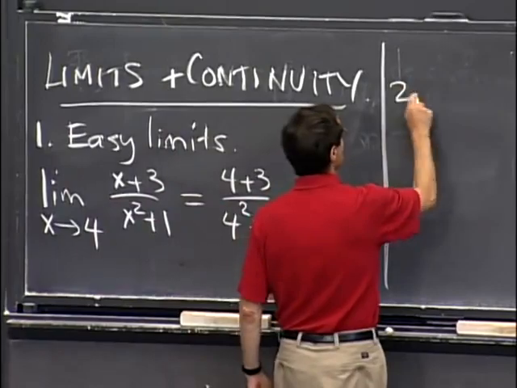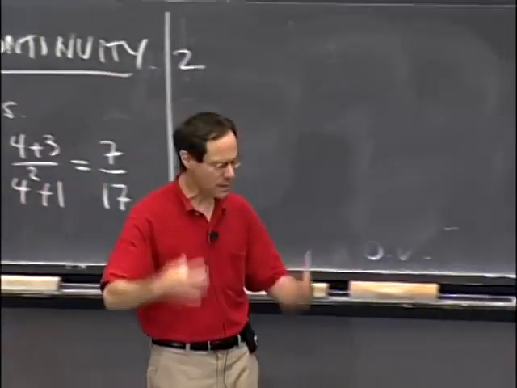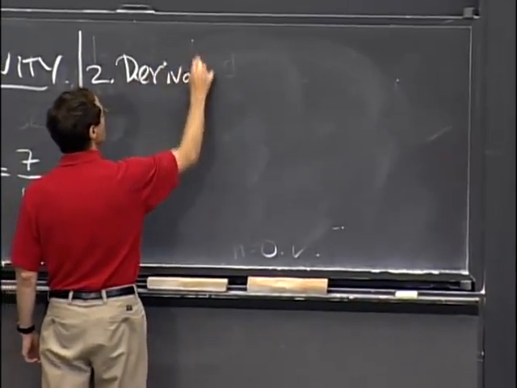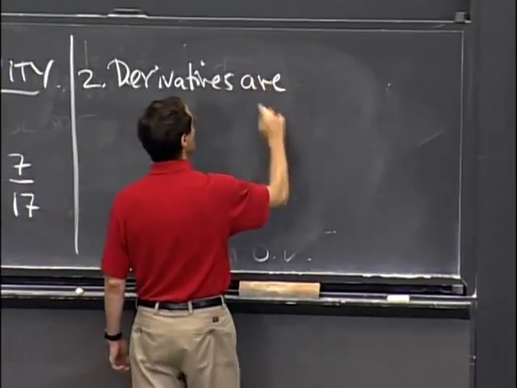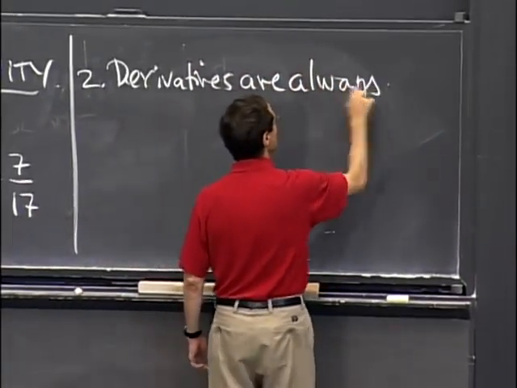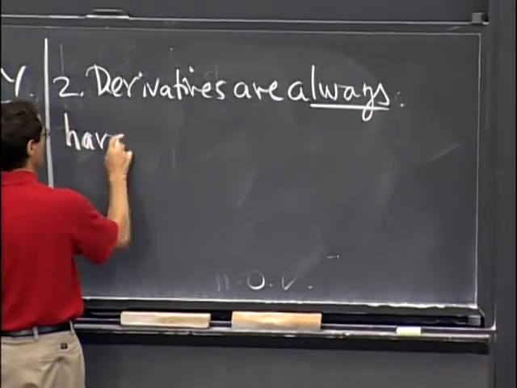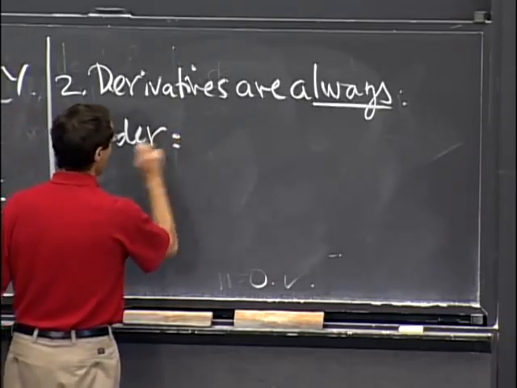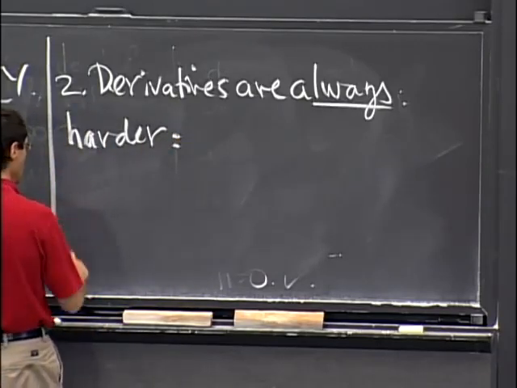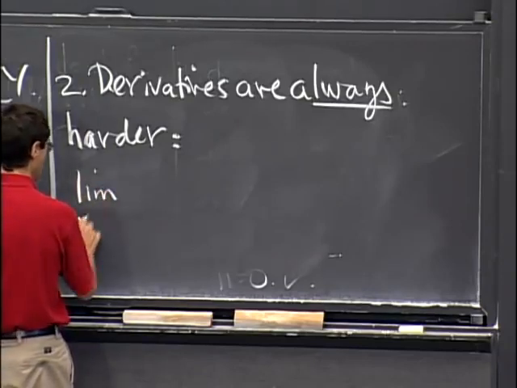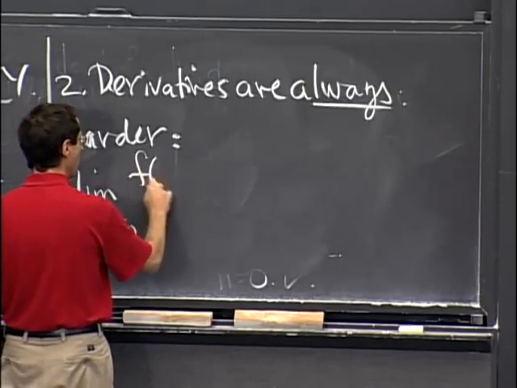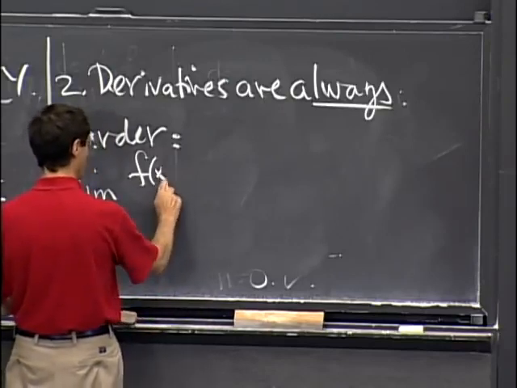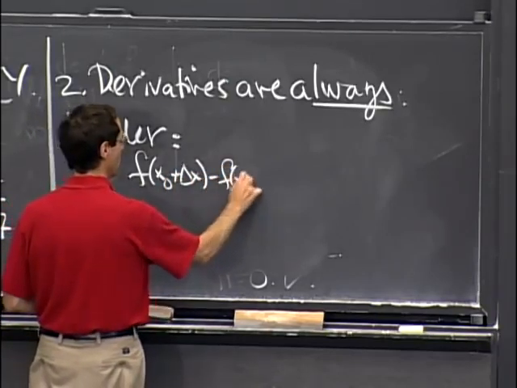The second kind of limit, so this isn't the only second kind of limit, but I just want to point this out. It's very important, is that derivatives are always harder than this. You can't get away with nothing here. So why is that? Well, when you take a derivative, you're taking the limit as x goes to x0 of f of x, well, we'll write it all out in all its glory.